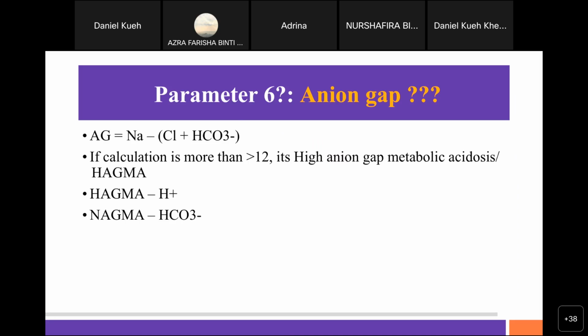And then if the calculation is more than 12, then it is high anion gap metabolic acidosis, meaning that it is more related to increased hydrogen production, for example, the proton production. If you are under NAGMA, which is normal anion gap metabolic acidosis, then it is maybe due to increased removal of bicarbonate ion.